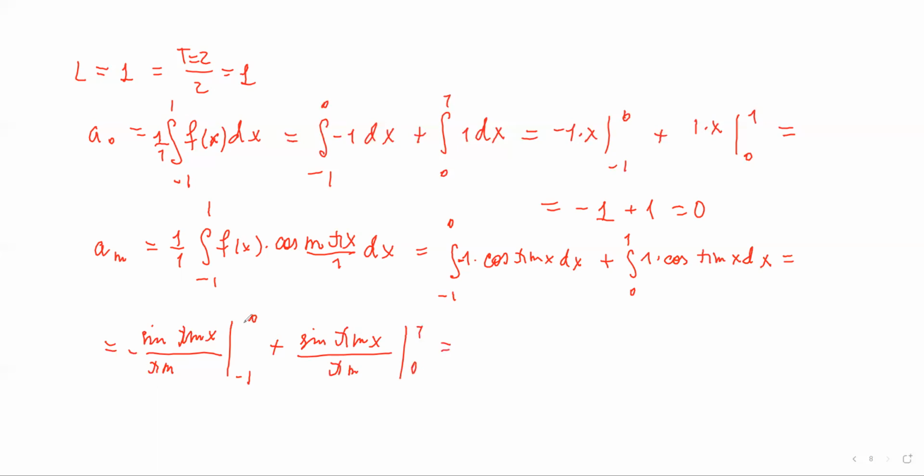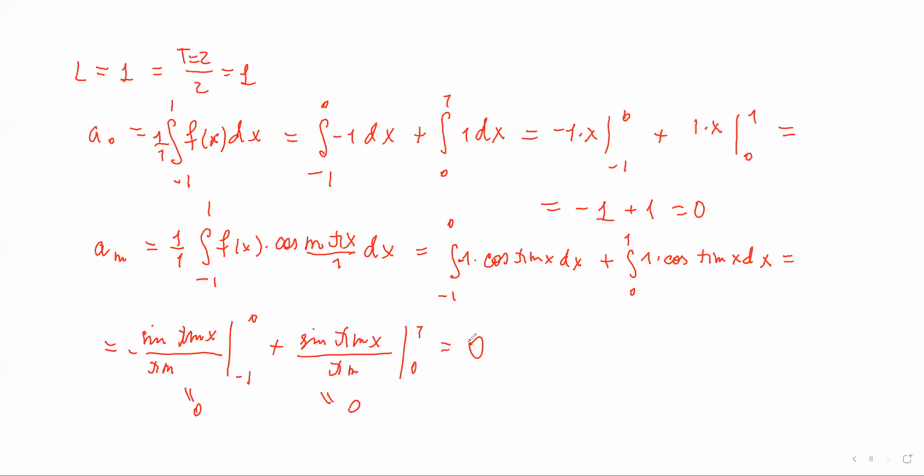Well, here 0 is going to give me 0. 1 is also going to give me 0 just because it's sine of pi m, natural number. So this one is 0. And this one is going to be also 0. So my coefficients in front of cosine are all zeros.